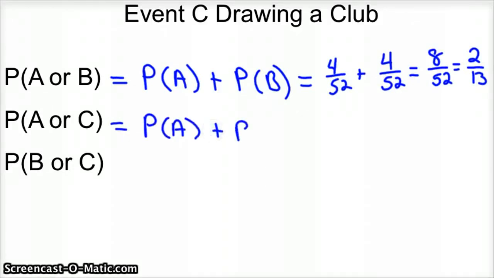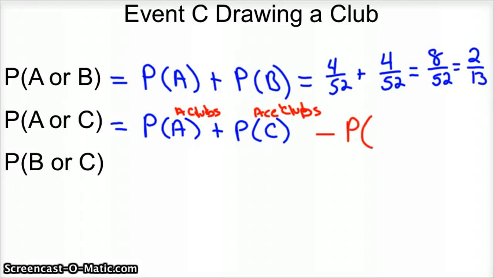plus the probability of drawing a club, C, runs into some problems, because if you can imagine, there's an ace of clubs in this set of 4 aces, and there's an ace of clubs in this set of 13 clubs. So we've counted the ace twice when we did this. So we've got to subtract one of those off.